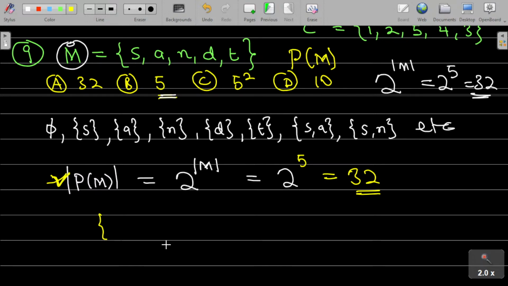You cannot finish forming all the subsets until you reach 40 years. It will take a lot of time. So we give you a formula that will help you generate the number of elements without forming all the subsets. And that is this formula: 2 raised to the power of the cardinality of the set.